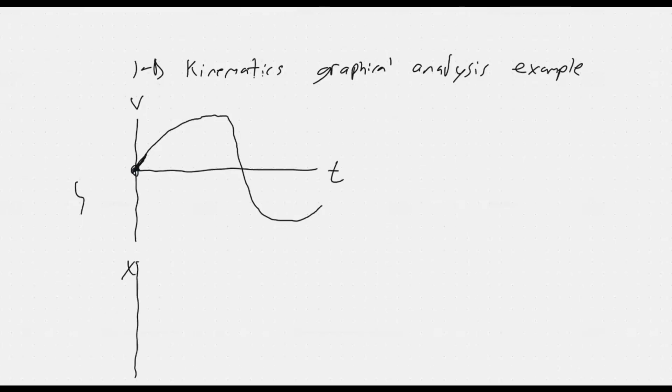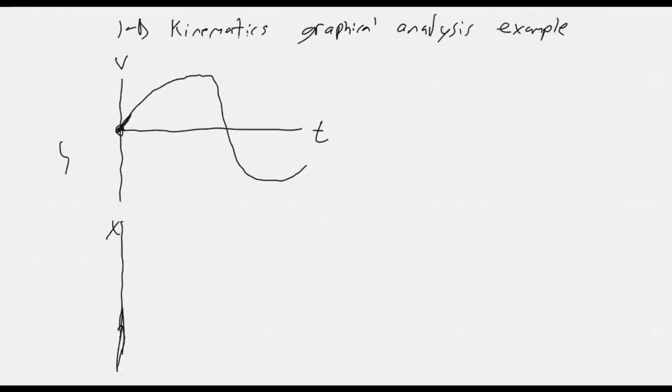Well, in that case, we know that at every point in time, the position of this graph tells us the slope of this graph. Nothing tells us the position of the position versus time graph, meaning we don't know where it starts. That's arbitrary. But what we know is wherever we pick for it to start, from that point forward, the position of the graph up here tells us what the slope of the graph down here must be.